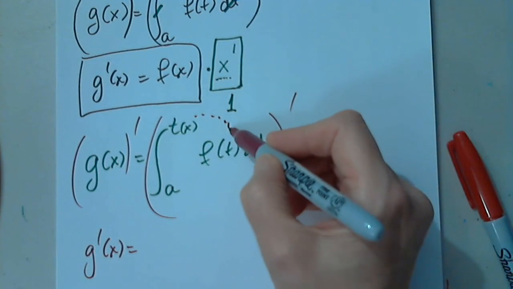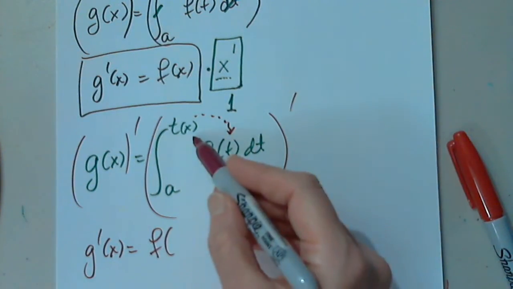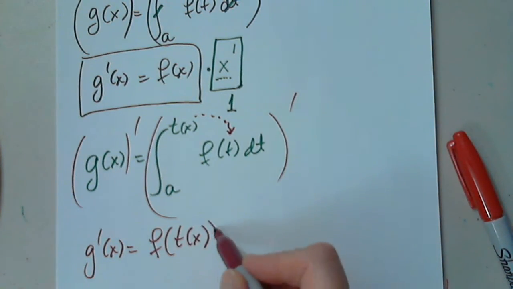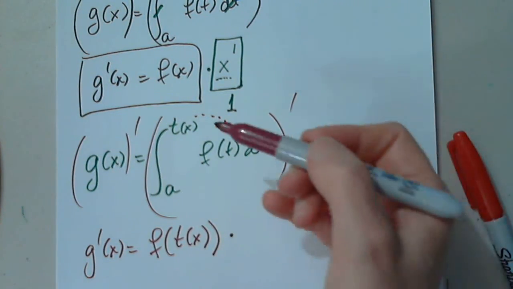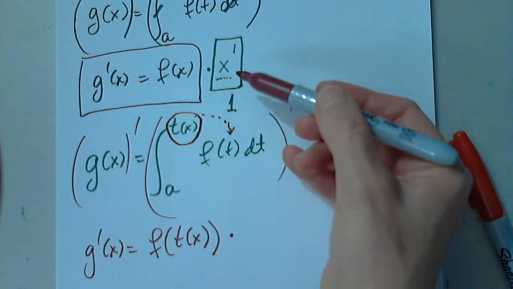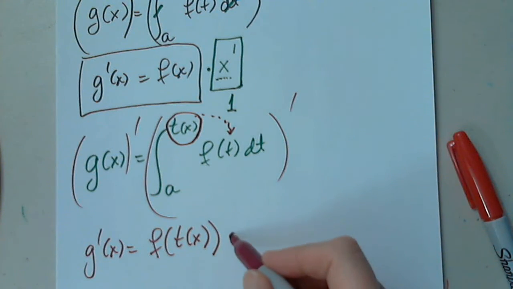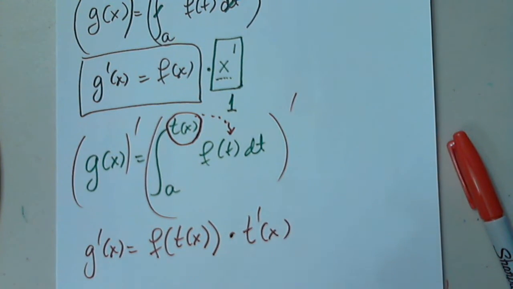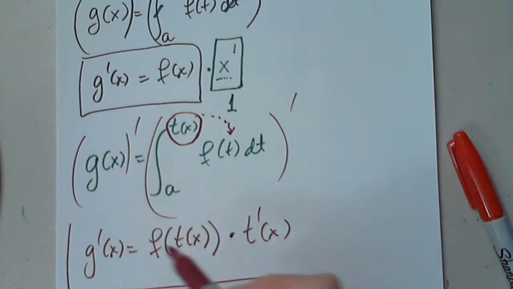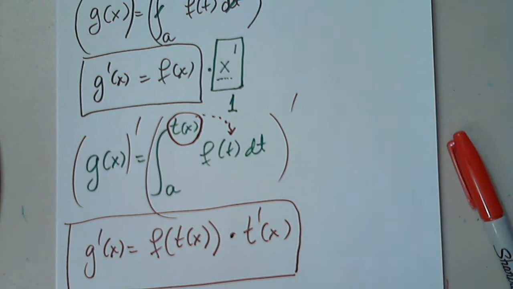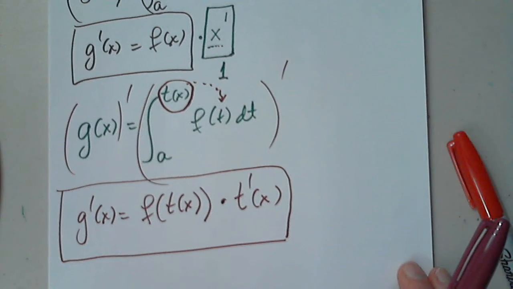The right-hand side has to be f of t of x. But because t of x prime is no longer 1, I have to multiply by the inner function prime. So that's our first note or caution.